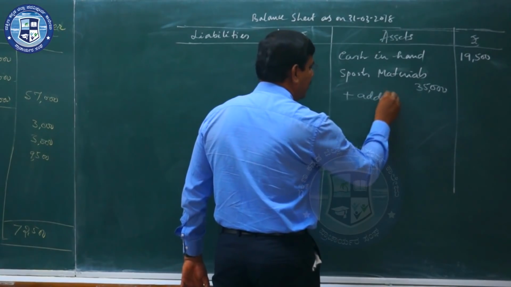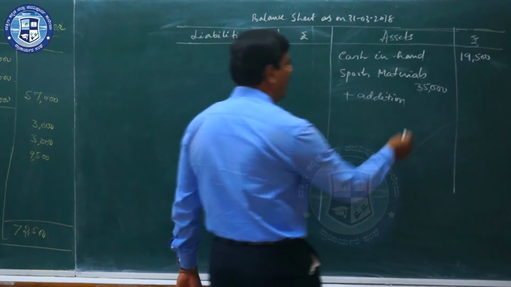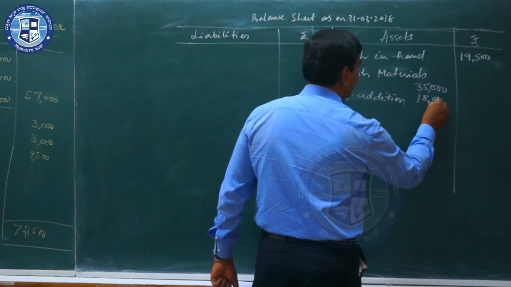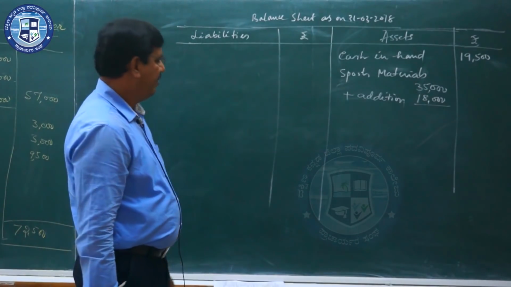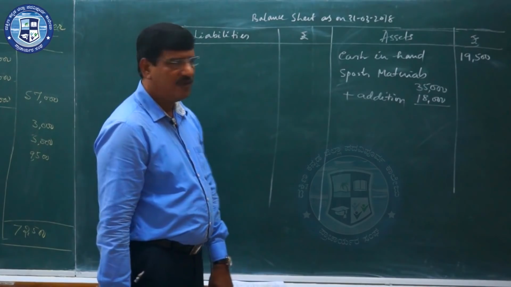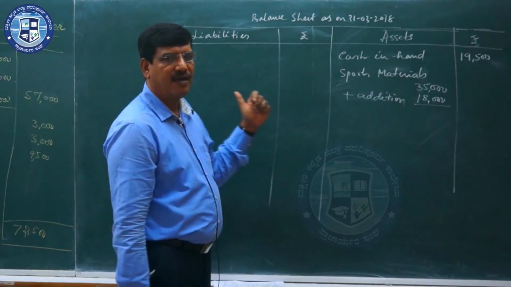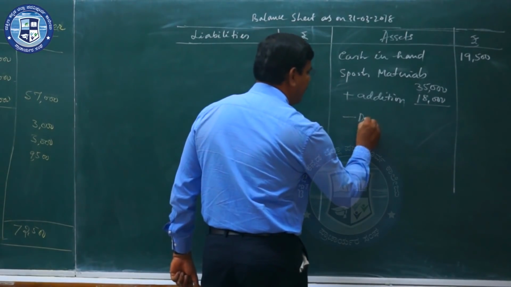So addition to sports materials, 18,000 has to be added, and any depreciation you have charged, which is entered in the income and expenditure account, has to be taken care of, less depreciation.